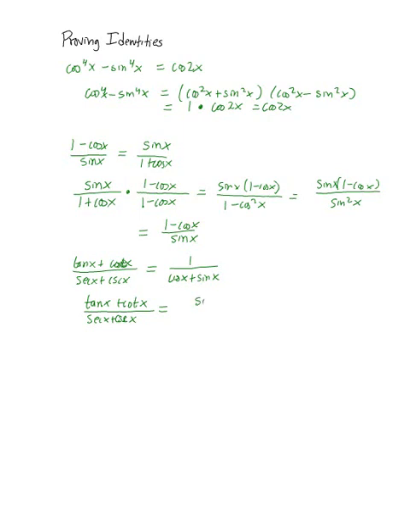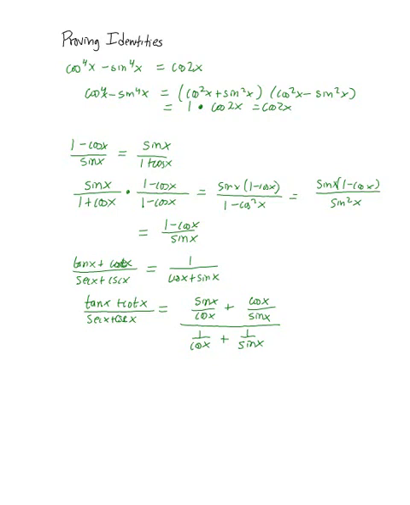So I'm going to write tangent x as sine x over cosine x, plus cotangent x is cosine x over sine x, divided by secant x is 1 over cosine x, and then cosecant x is 1 over sine x. Okay, very standard technique. I consider them kind of the off trig functions, not sine and cosine. Turn everything into sine and cosine and then see what happens.